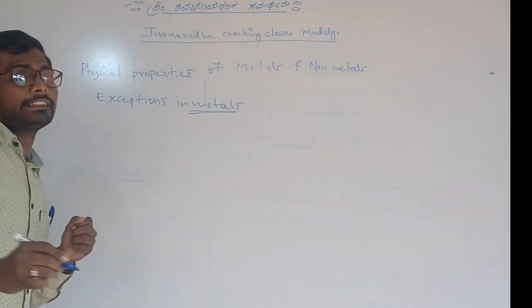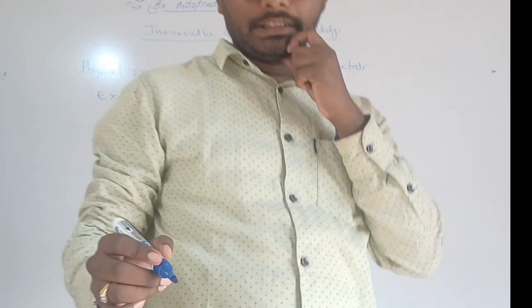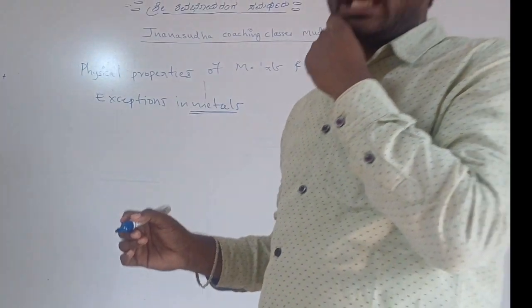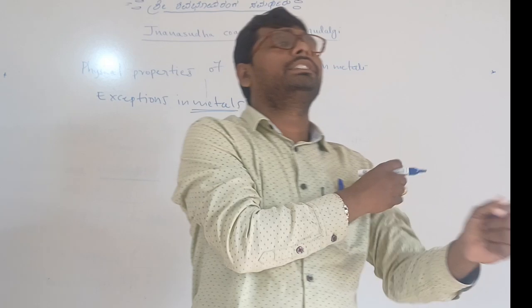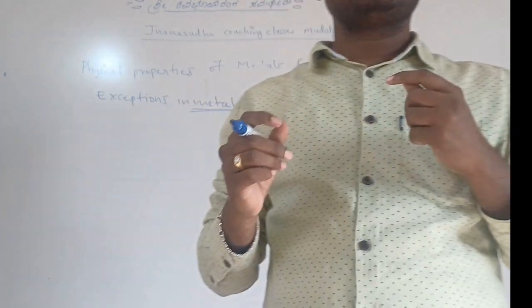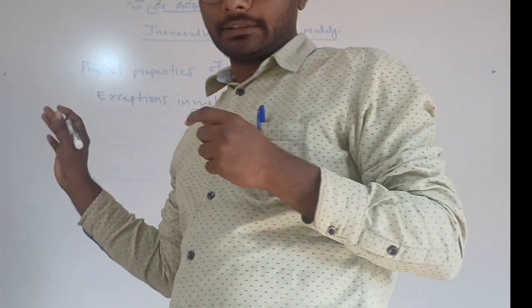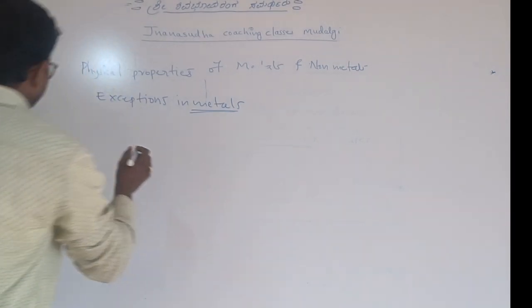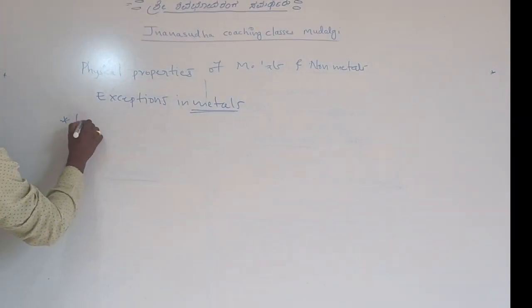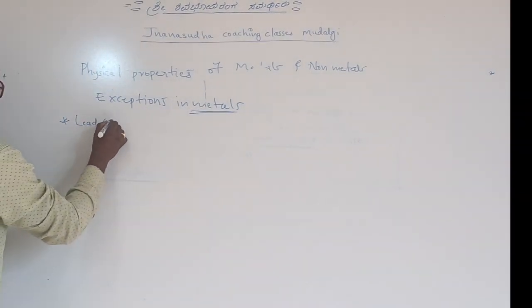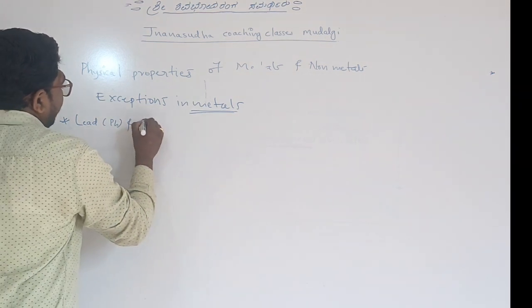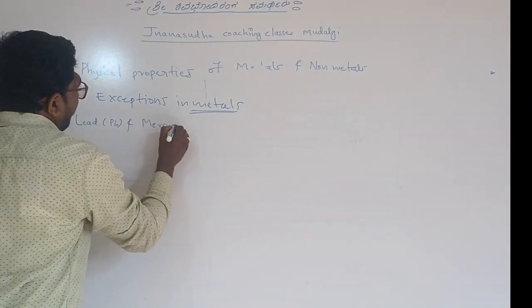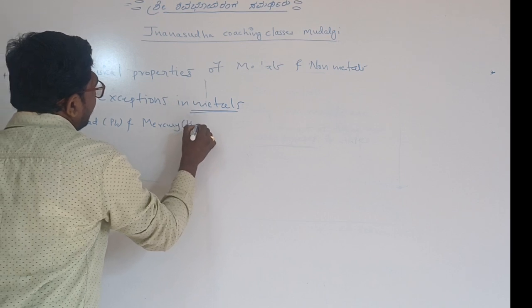After that, I will discuss the non-metals. First, almost all metals are good conductors of electricity. But there are exceptions: lead (Pb) and mercury (Hg).